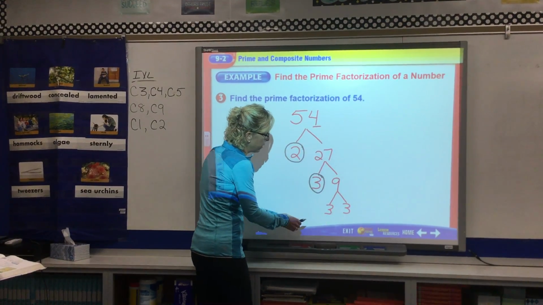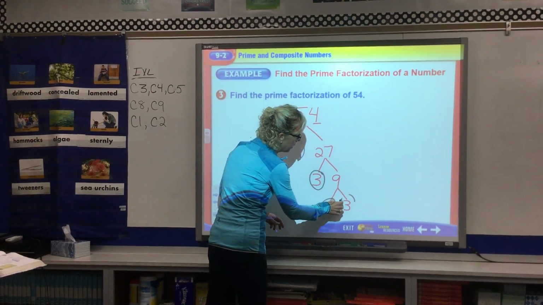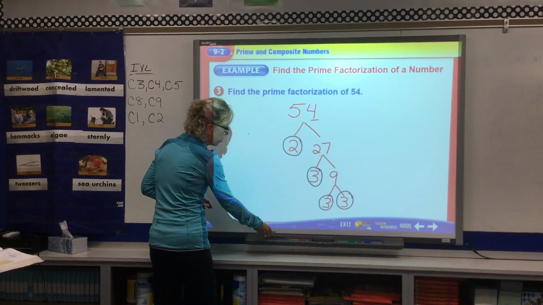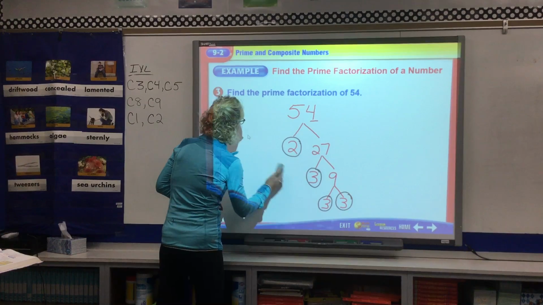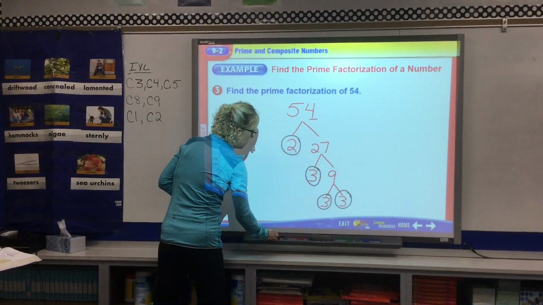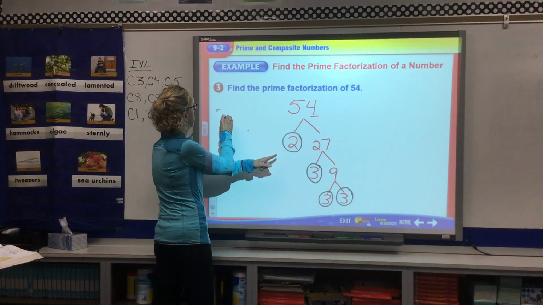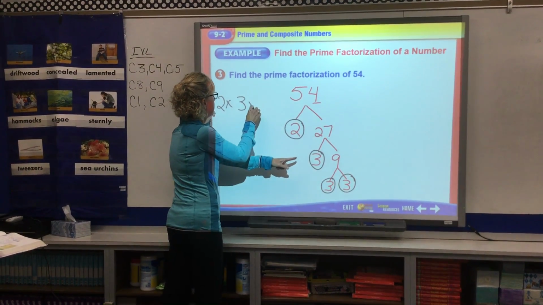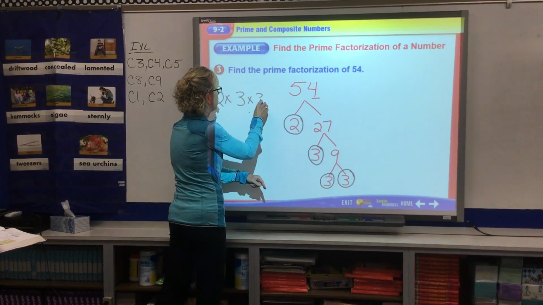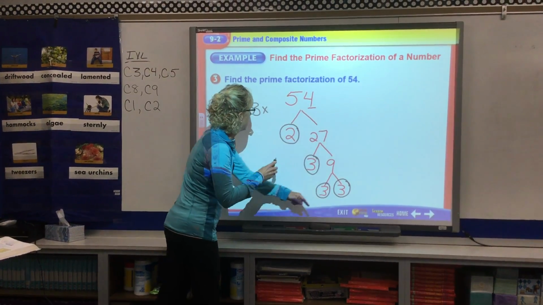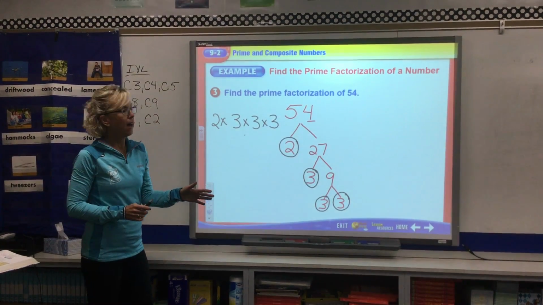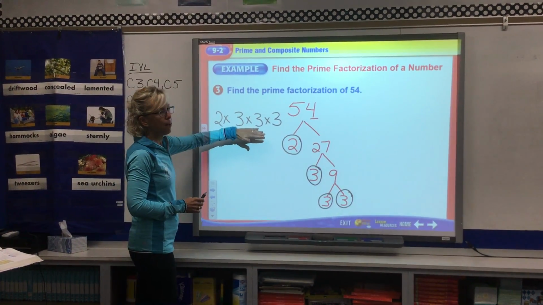Well, I know that 3 is prime, and 3 again is prime, so if I were to write the prime factorization of 54, I would say 2 times 3 times 3 times 3.